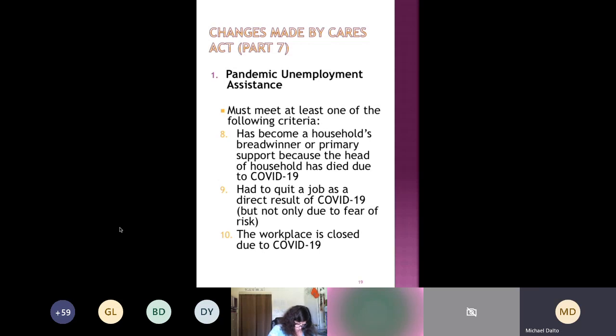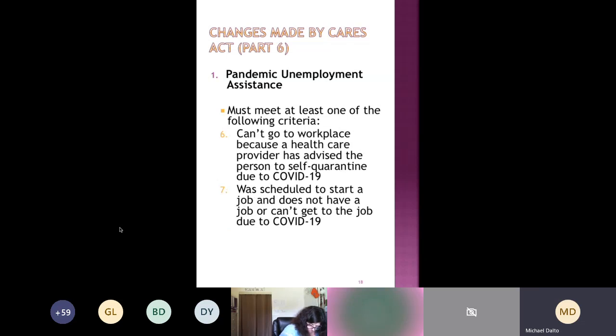And Dallas, could you repeat the second part of the question? Yeah. He says, what if someone is taking unpaid leave at a workplace that is otherwise open due to health conditions, etc., but they haven't technically quit their job? Okay. The law doesn't say anything about that particular situation. It does say that you have to have quit as a direct result of COVID-19. That's number 9.